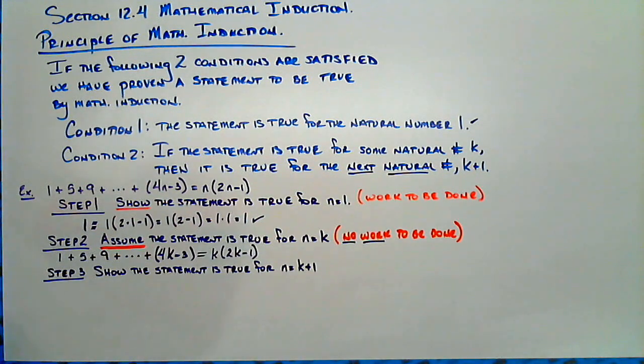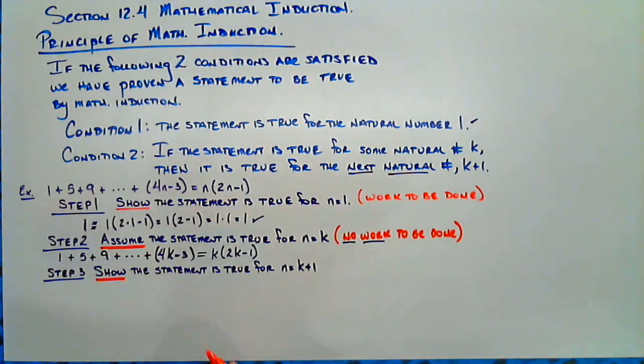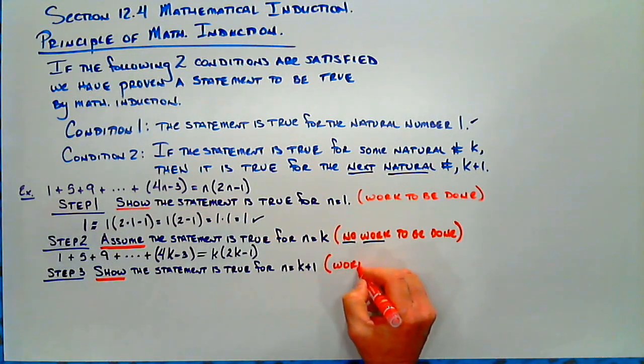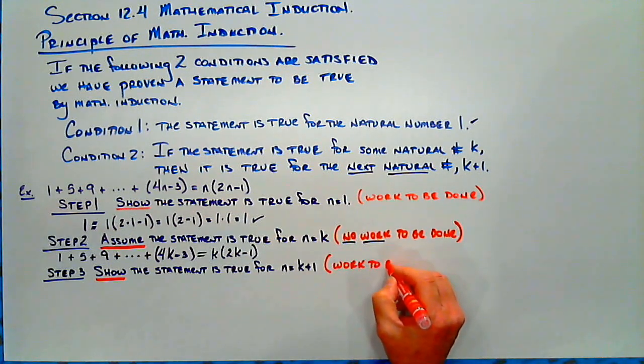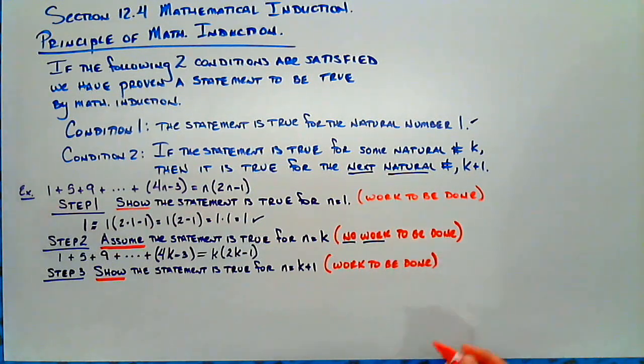Now, what does that tell us? That tells us that because our verb here is show, there is in this step work to be done. Okay, this step has work that we have to do. Now, what work do we have to do?